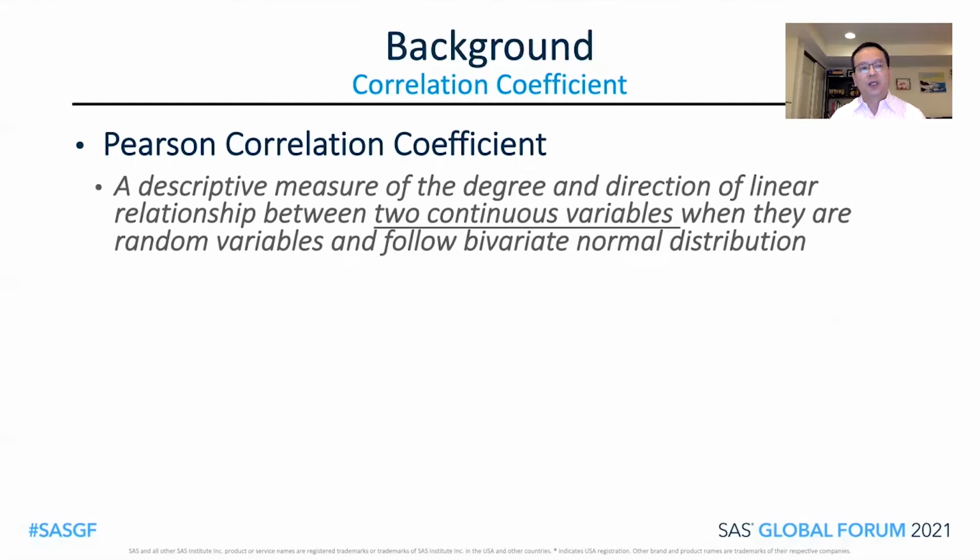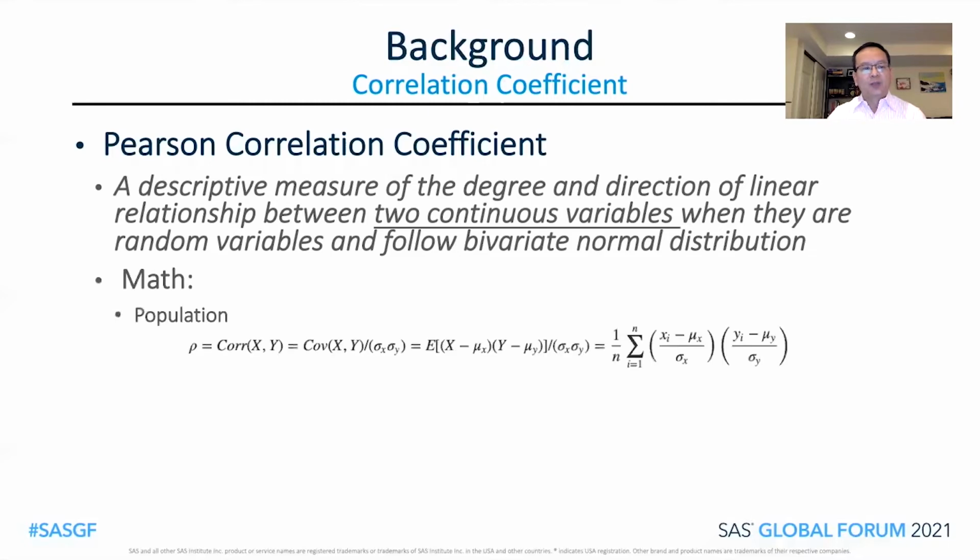The first and most important one is called the Pearson correlation coefficient, and this is basically to describe and measure the degree and direction of linear relationship between two continuous variables, and those two variables should follow a bivariate normal distribution. Mathematically, this can be defined as the covariance between these two variables divided by the product of the standard deviations.